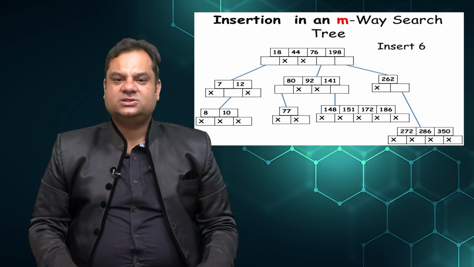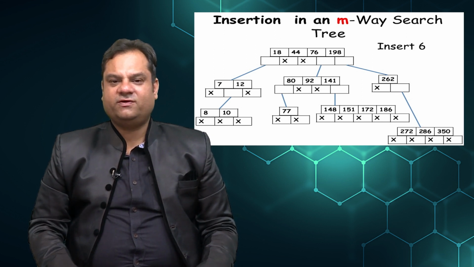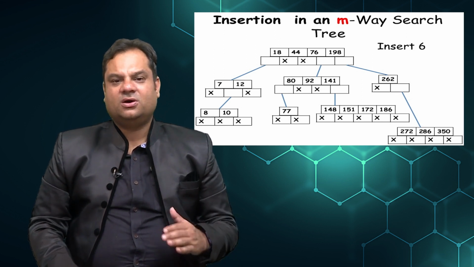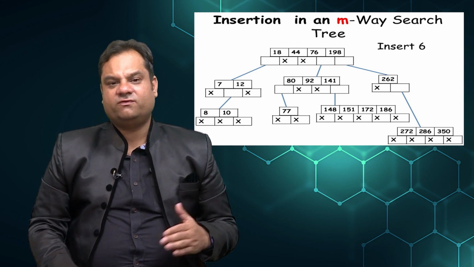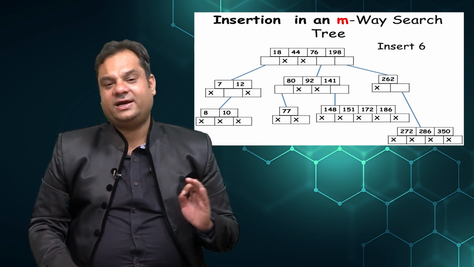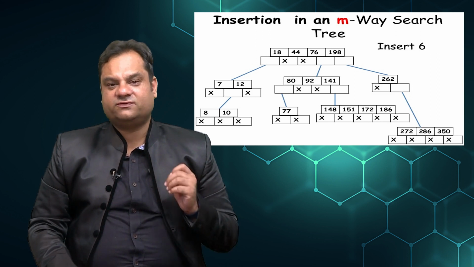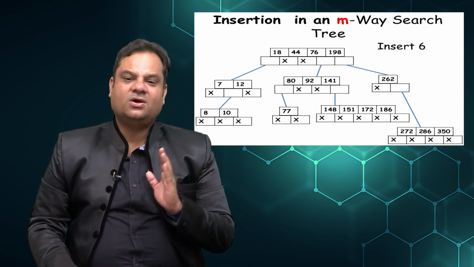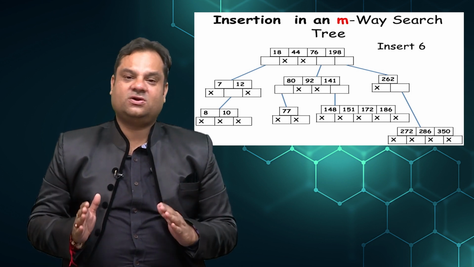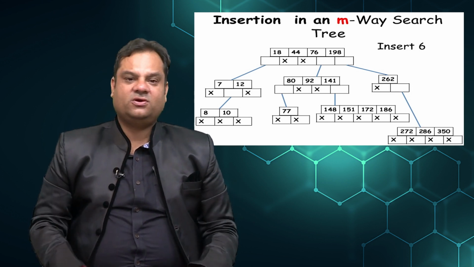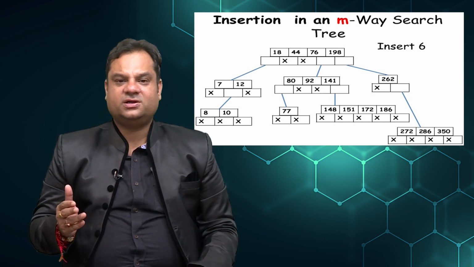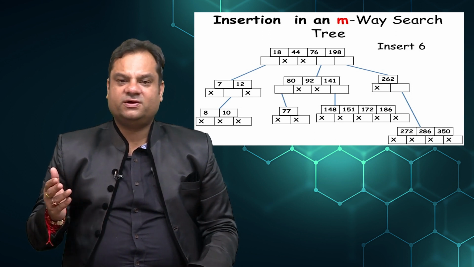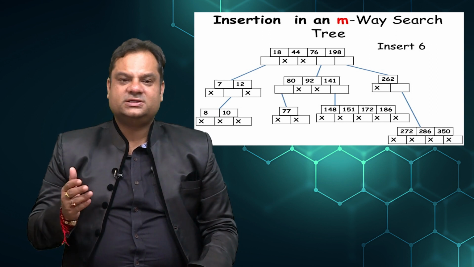As well, 272, 286, 350 are all bigger than the root items, and also than the current right successor of 198, that is 262. That's why 272, 286 and 350 are all connected as the right successor of 262. In the same way 80, 92, 141, then 148, 151, 172, 186, 77.